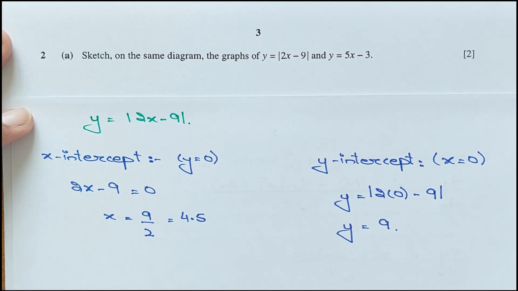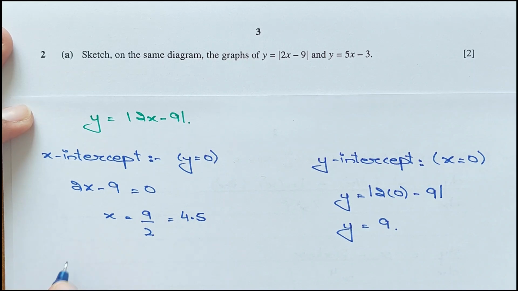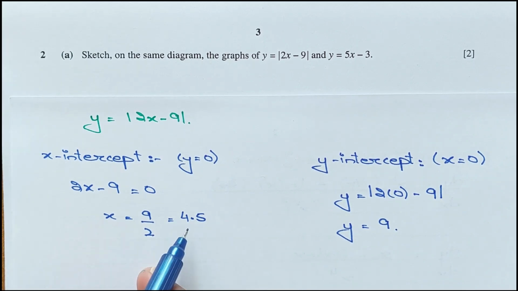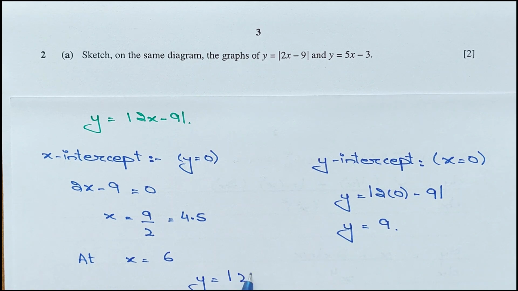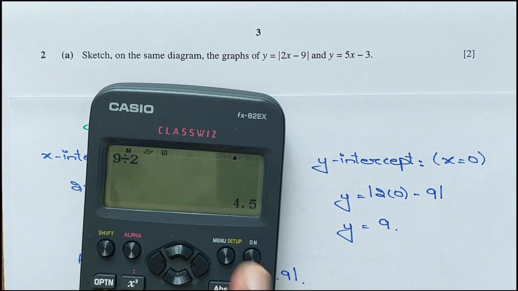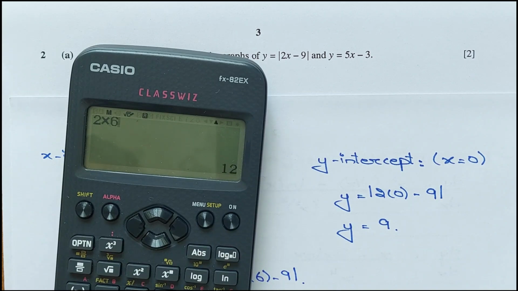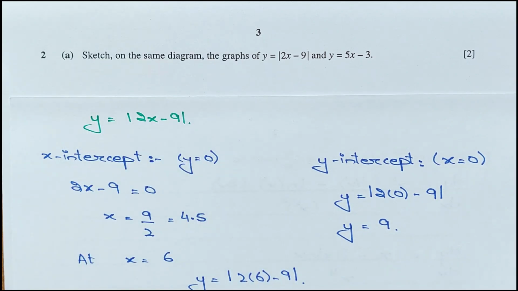Let me fix one more point to get the y value. If I take x equals 6, what is y? Absolute of 2 times 6 minus 9 is 3. The y value is 3.